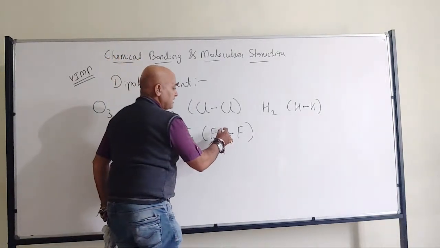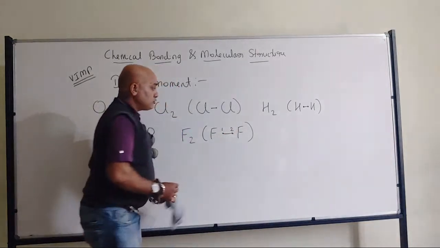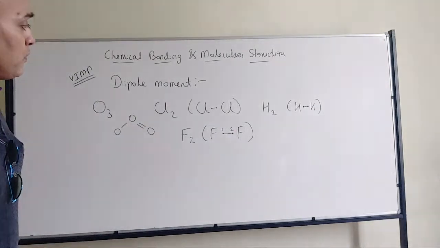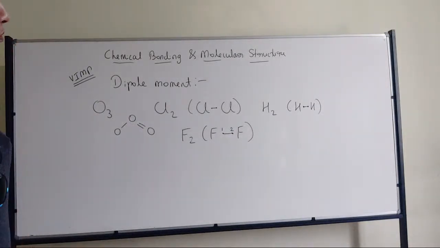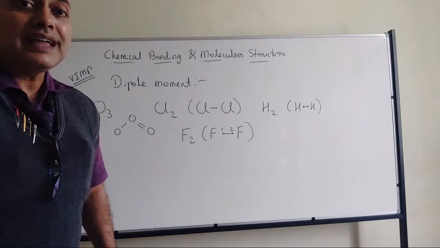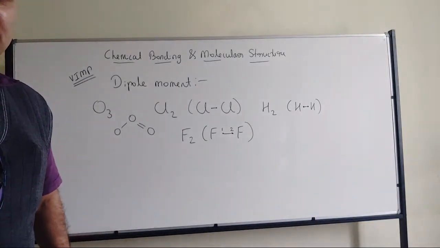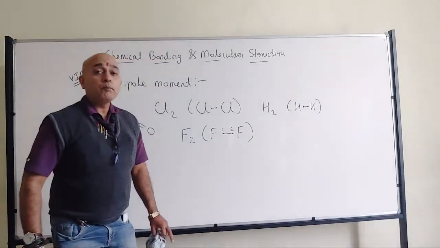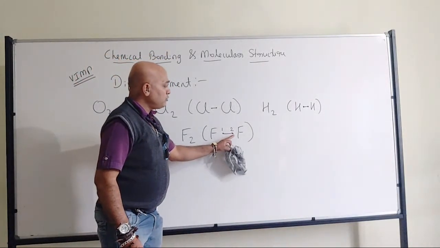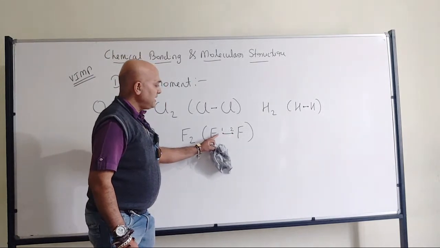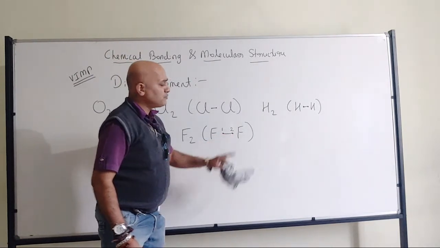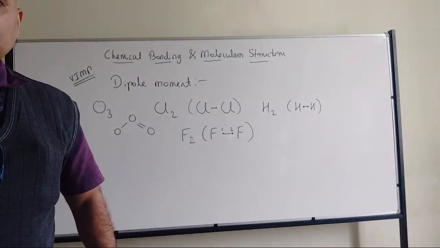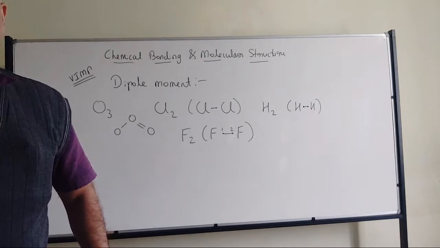Electron 1 belongs to fluorine 1, electron 2 belongs to fluorine 2, but both have been invested for the bond formation. Now electron 2 will not be pulled towards the other fluorine, and electron 1 will not be pulled towards the other fluorine, because both are the same element. Both are equally potent.